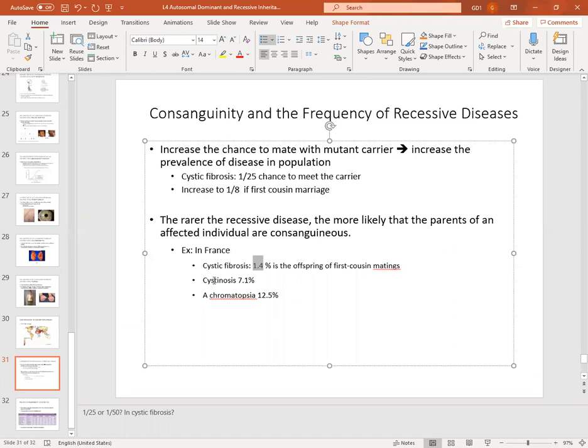But compared with other, rarer diseases like cystinosis, they identified the cases like this, and this is the fraction of cases that come from parents with a close relationship.